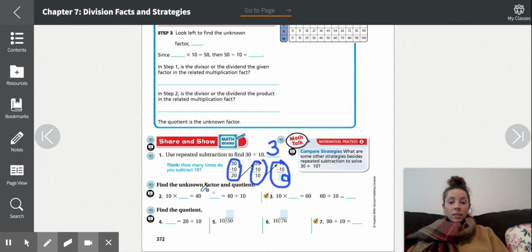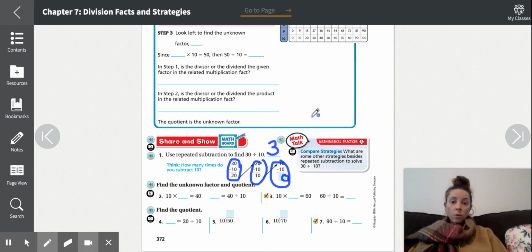All right, so these next ones, they kind of do them a little backwards. Really, they're seeing if you can figure out 40 divided by 10, which might be tricky for us to do. So maybe I'll flip that around and ask, what do I multiply by 10 that equals 40? So here we go. 10 times what equals 40.